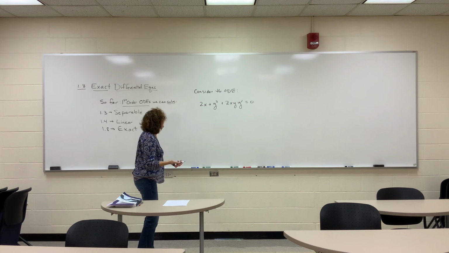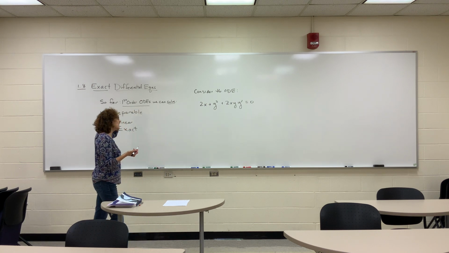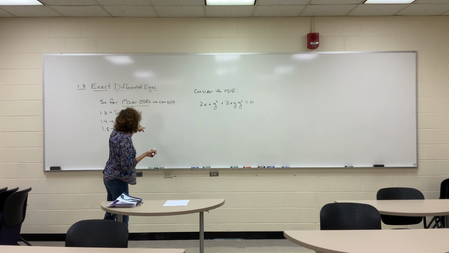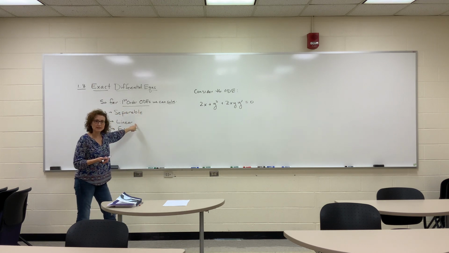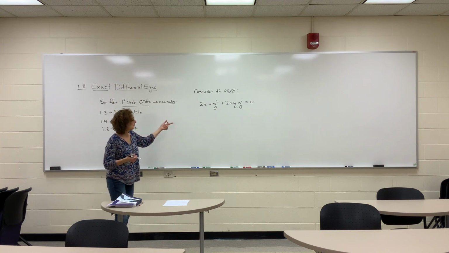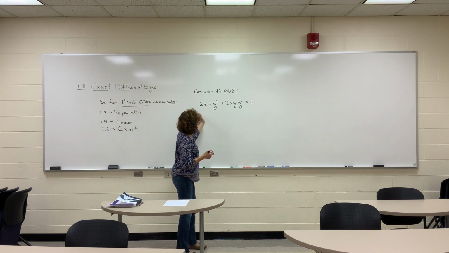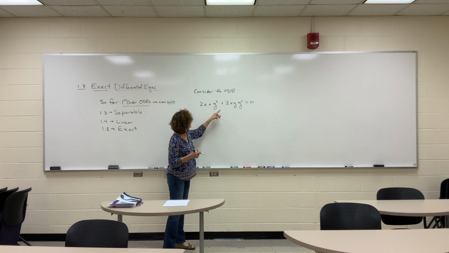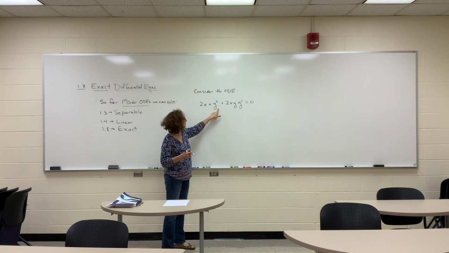So let's think about our methods that we have so far. Well, as we look at that, would you think that's linear? You think that we're going to be able to solve that with our linear methods? Yeah, no, right? What's cluing you in right here? Well, this y squared, right?